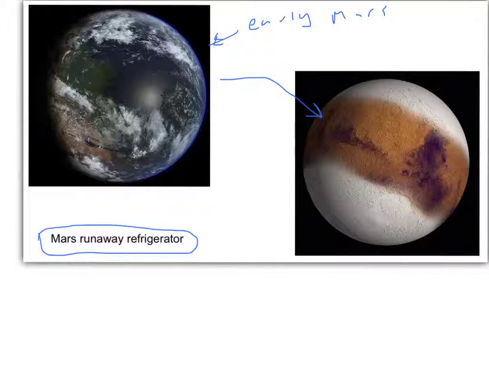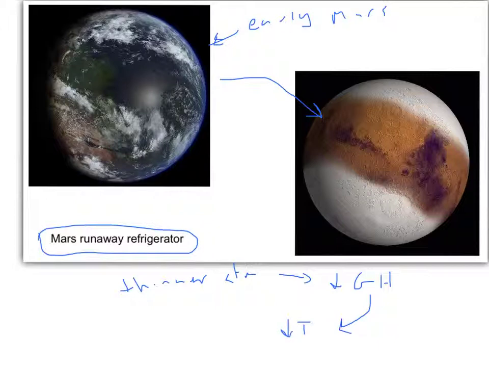And as the atmosphere of Mars thinned, that would lead to a reduction in the amount of greenhouse effect that Mars's early atmosphere would have provided. And then, of course, with a reduced greenhouse effect, we would have seen reduced temperatures.